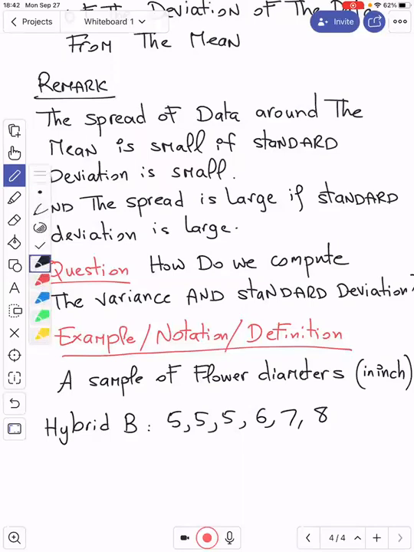So first, I'm going to need the mean to compute the variance and the standard deviation. Let me just explain again. X is supposed to represent the data value.